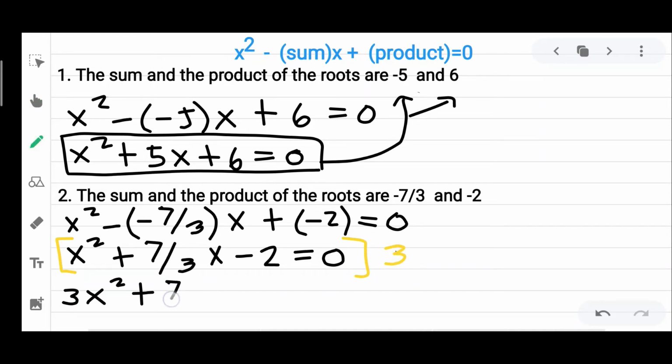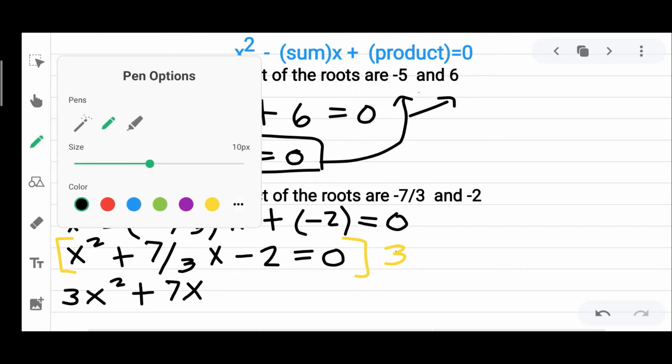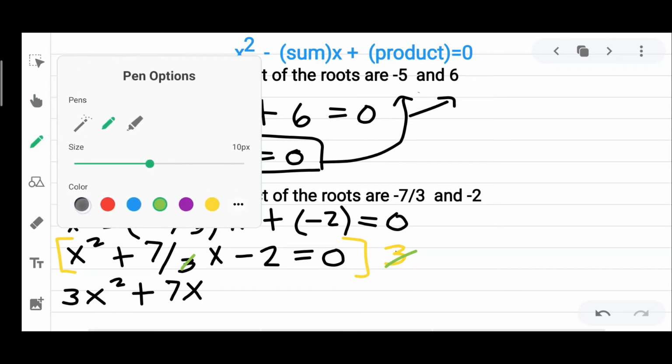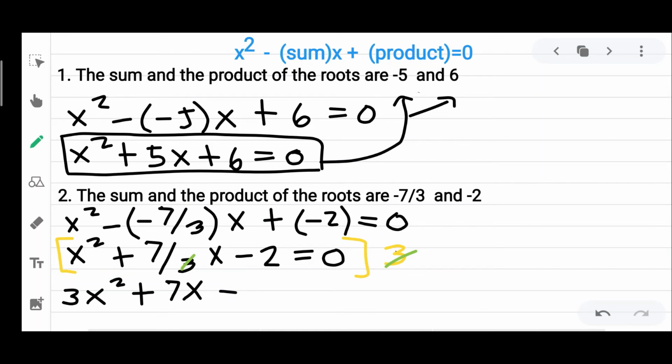So, paano nangyari na naging 7x na lang? Kasi, na-cancel itong denominator na 3. Okay? Na-cancel siya, kaya naging 7x na lang. And then next, copy the sign, negative, then multiply 2 times 3, the answer is 6, equals 0 times 3, the answer is 0.